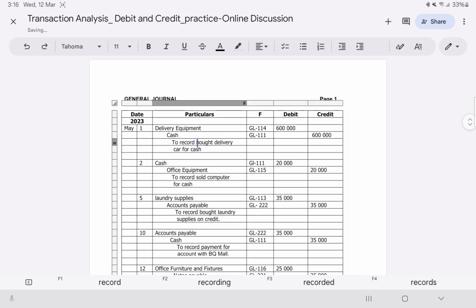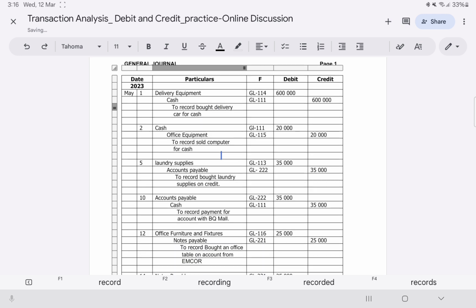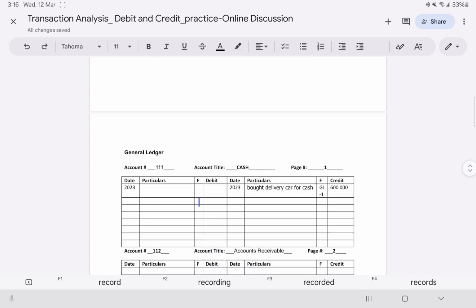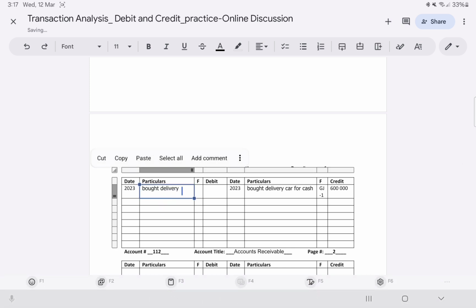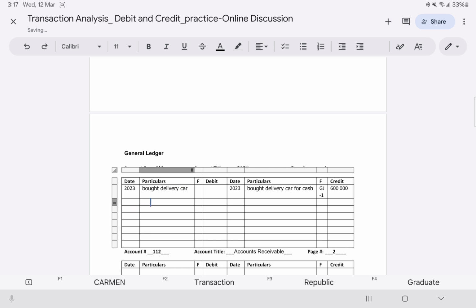Okay, same as before, to record bought delivery car for cash.